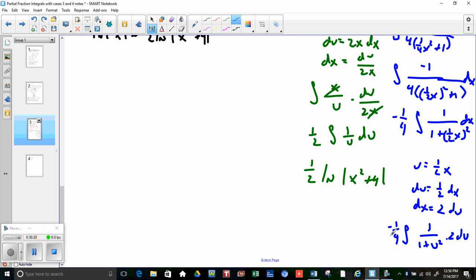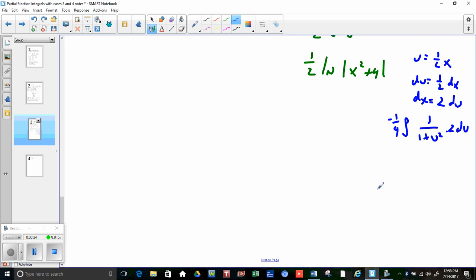Bringing the 2 out to the front, multiplying by the negative 1/4 is going to give us negative 1/2 integral 1 over 1 plus u squared du. Okay, and this antiderivative will be negative 1/2. This is now in the perfect form for the inverse tangent of u.